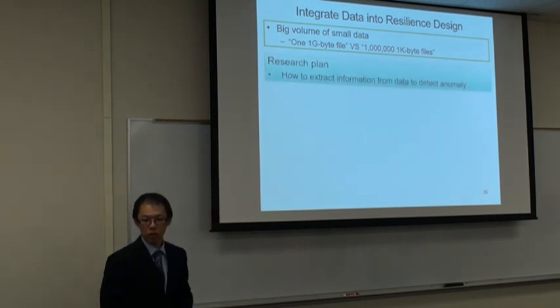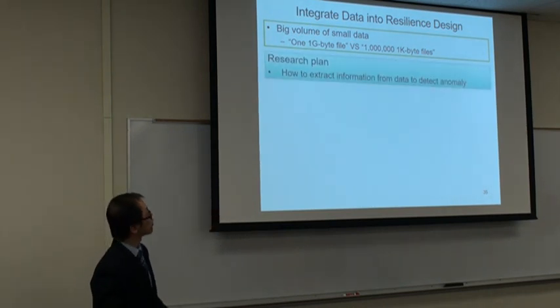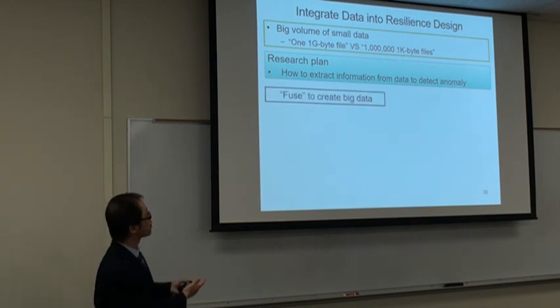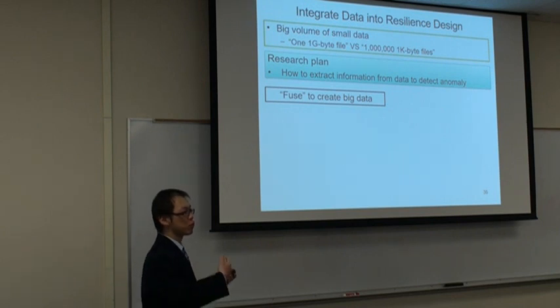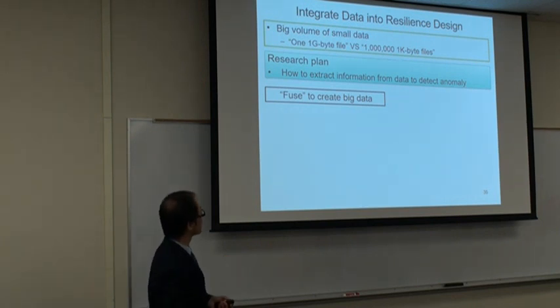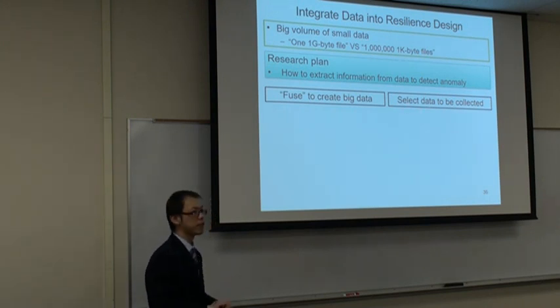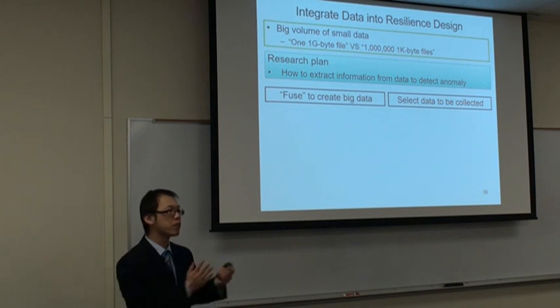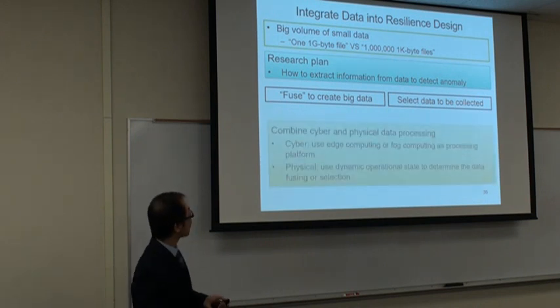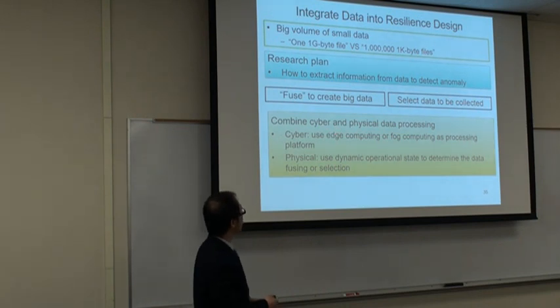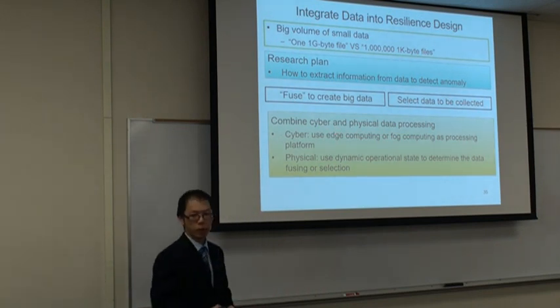So how do we extract information from this data model to detect anomalies? Of course, we can first fuse those data to transform the problem into the original big data problem. Another interesting part I'm interested in is selecting the data to be collected, instead of processing data after the collection. Here I think about using edge computing, still combining cyber and physical domain knowledge.